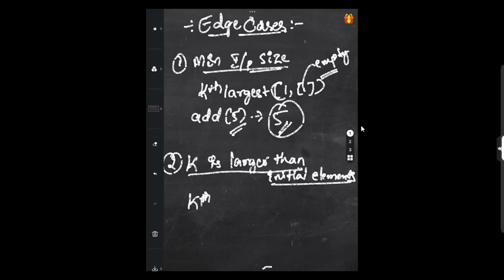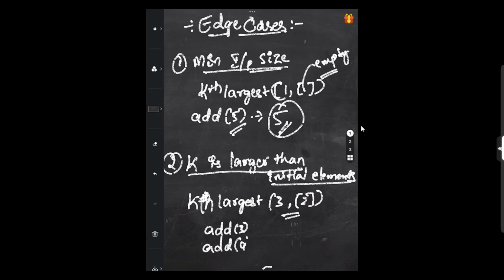Let's consider the input here: kth largest, 3 and 2 within this one. So now let me consider add of 3 and add of 4 in this case. The output will be 2 in this case, and in this case the output will be 3. So why is the output here 2 and 3?